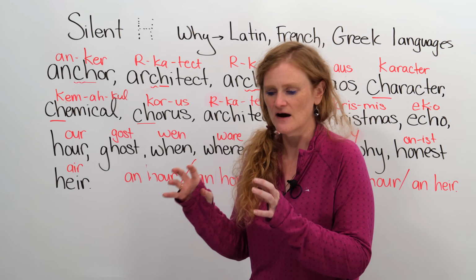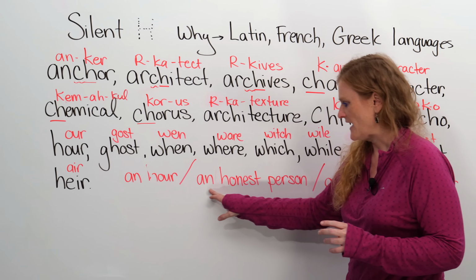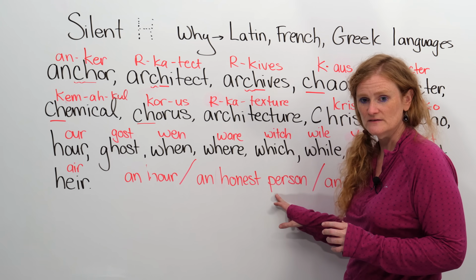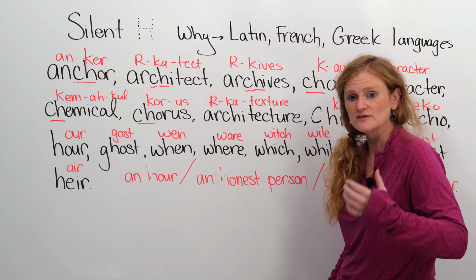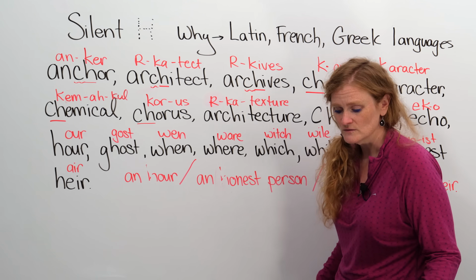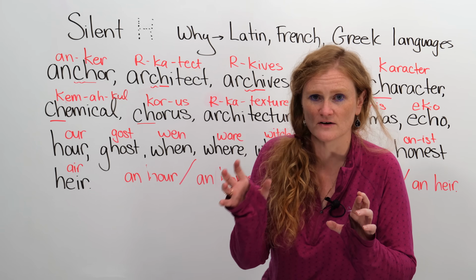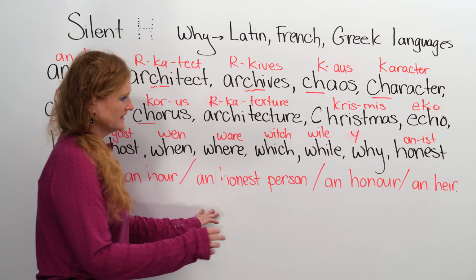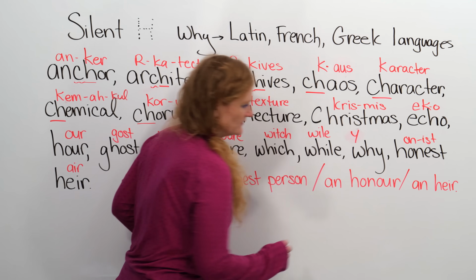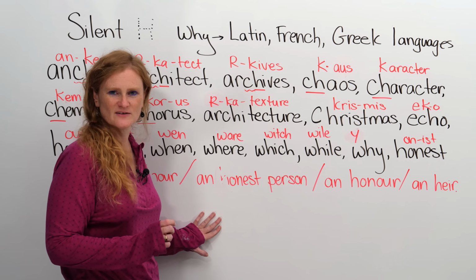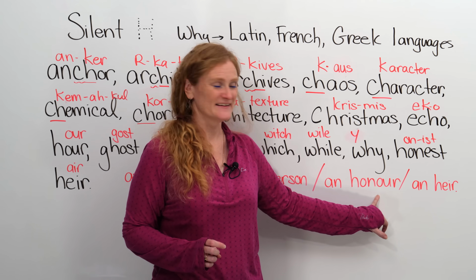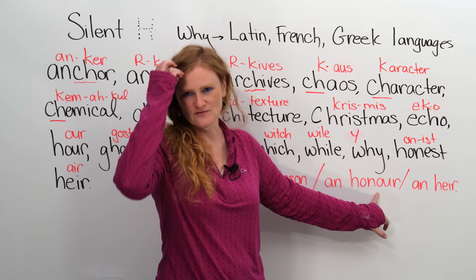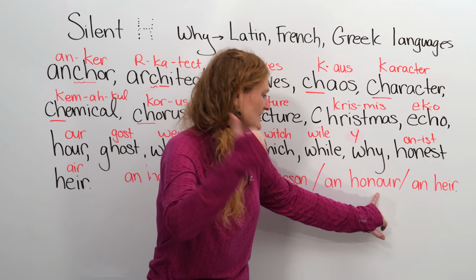An hour, not a hour. An honest woman. So again, we're not saying the H. So because it makes a vowel sound, we have to put the article an. And an honor. It is an honor for me to be here today. Check out this spelling. I'm Canadian, so I like to put extra letters and extra vowels to make it easier.